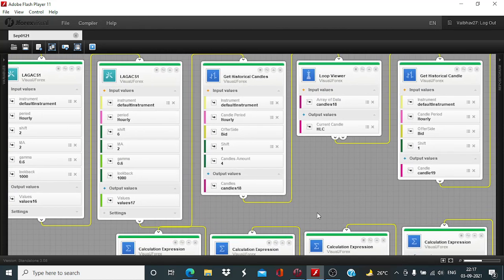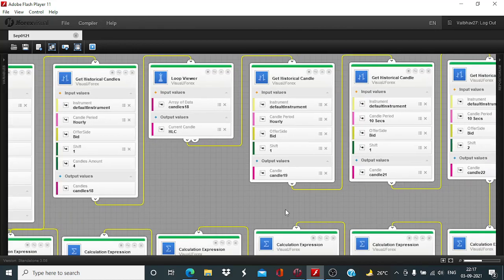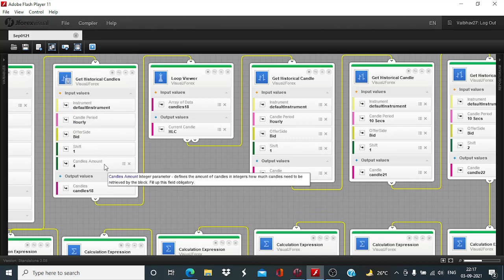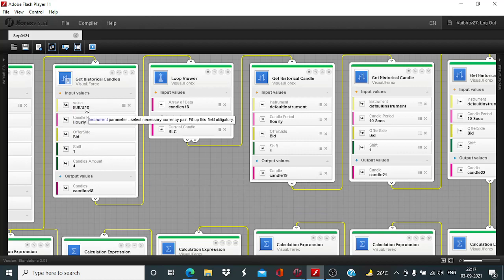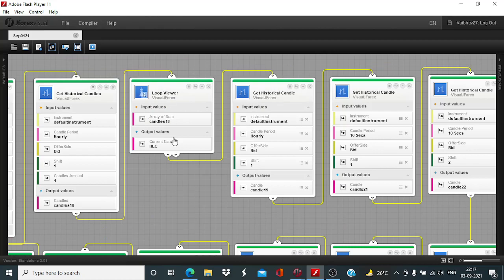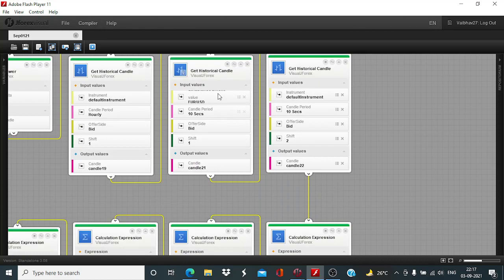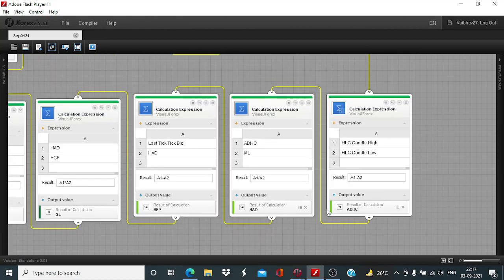And why it is so, I will be explaining to you shortly when we define the conditions for the execution of the trade. To look at the price volatility, we are also taking the help of a 4 candle cluster of the hourly candle period, and to retrieve the individual variables from that cluster, this loop viewer will help us out. To look at the immediate price action prior to the execution of the trade, this single get historical candle is also being used, and to pinpoint the exact entry point, this 10-second candle blocks will be used.